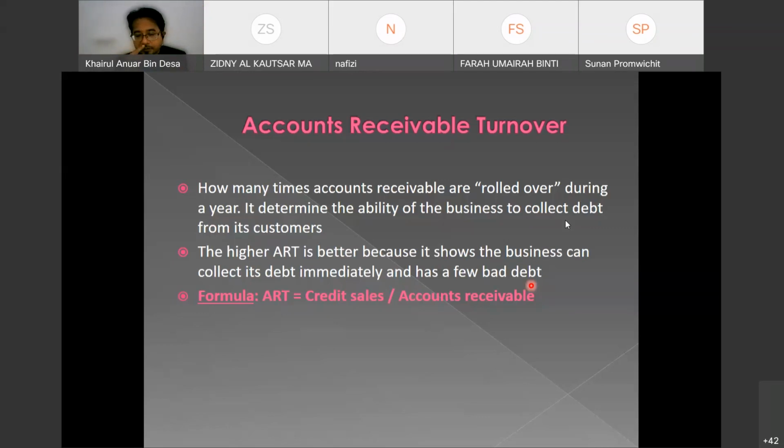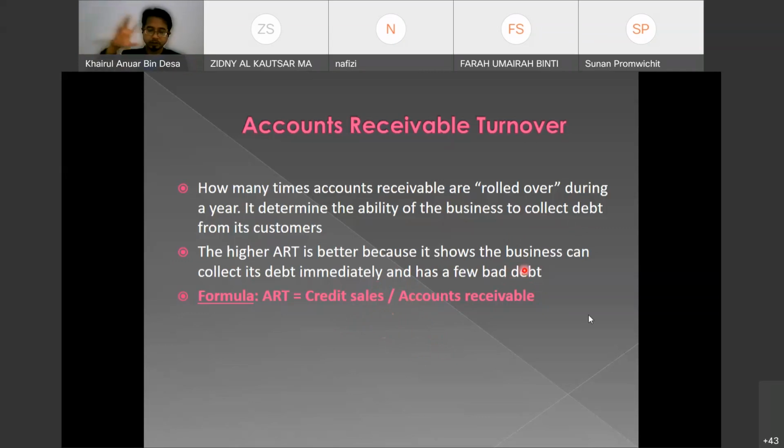The problem is when sales department really effective, but collection department not so good. That is the problem. How to measure? Credit sales over account receivable. Semakin tinggi, higher is better. Okay.